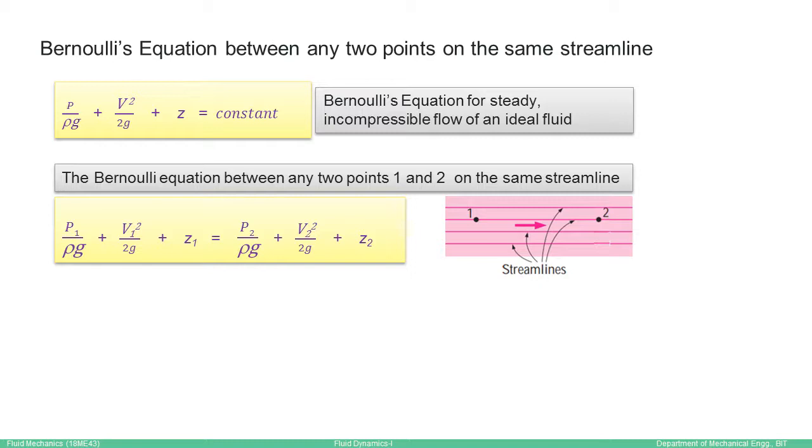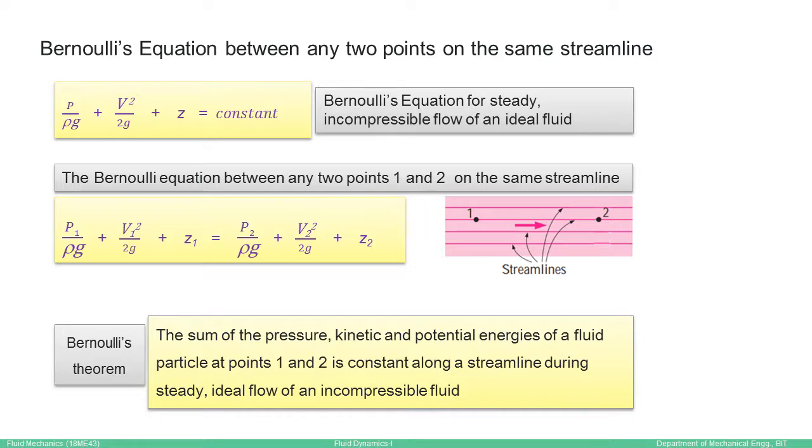So that means the left hand side is the total energy head at point 1, and the right hand side is the total energy head at point 2. These two are equal. For a steady flow, incompressible flow, ideal flow and also irrotational flow, this equation is valid.